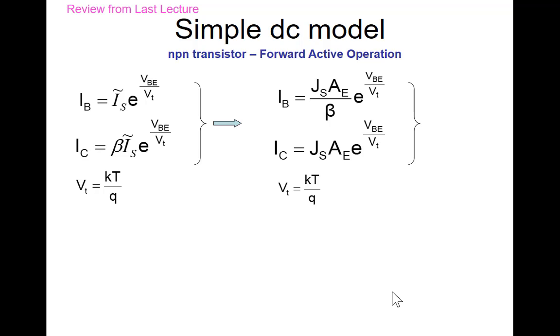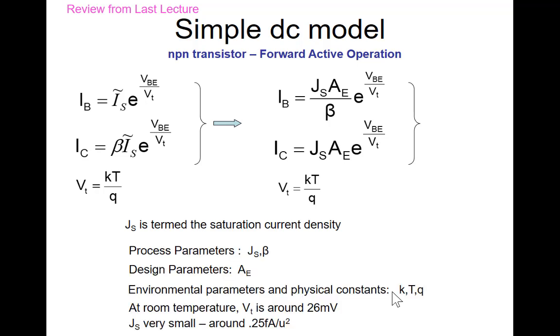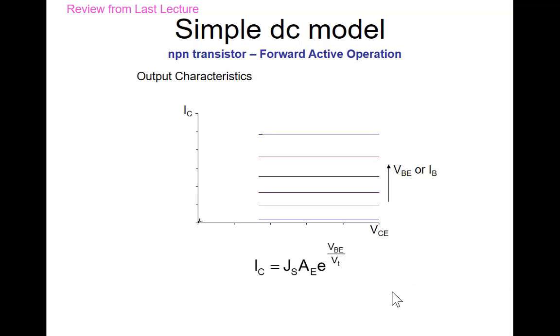I introduced the operation with the parameter IS tilde, but we said the industry probably prefers to put the beta term in the base current expression rather than the collector current expression. So we have the model that we have in the upper right in the forward active region. So here's the model that we've got so far.